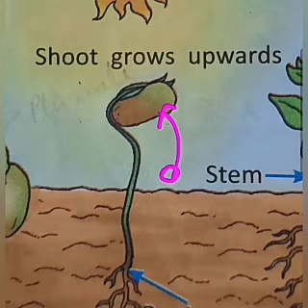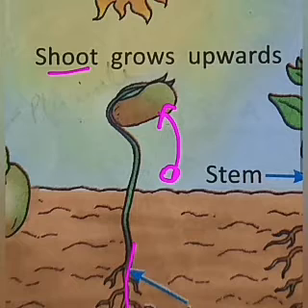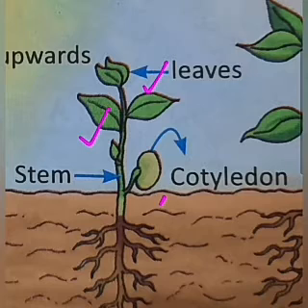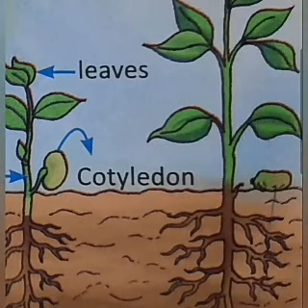So, the embryo will form the root system or the radicle as well as the shoot system. And here in this stage, the stem and leaves have come up, which forms the shoot system, and the cotyledons will shrink in size, and finally in the last stage they dry up and fall down.